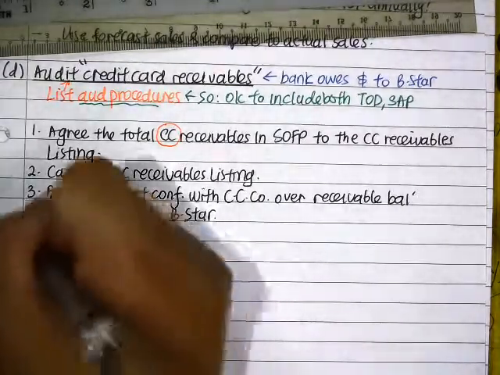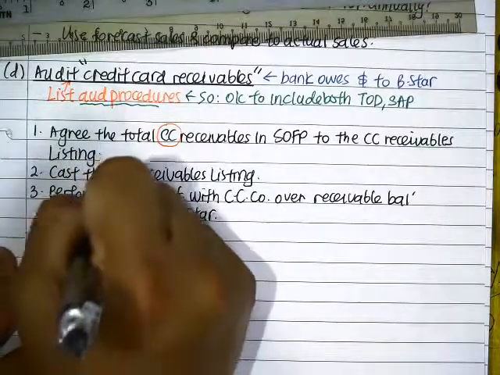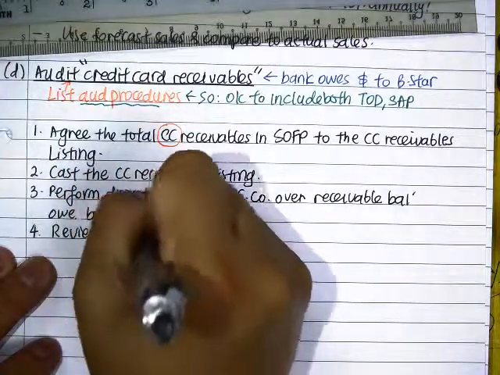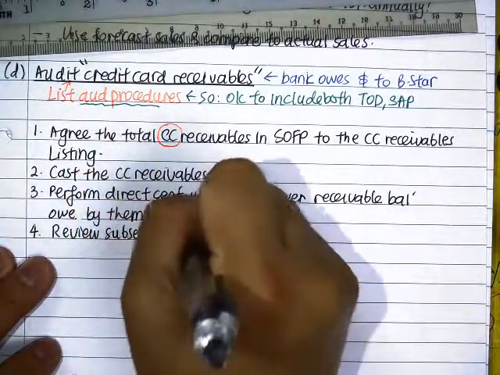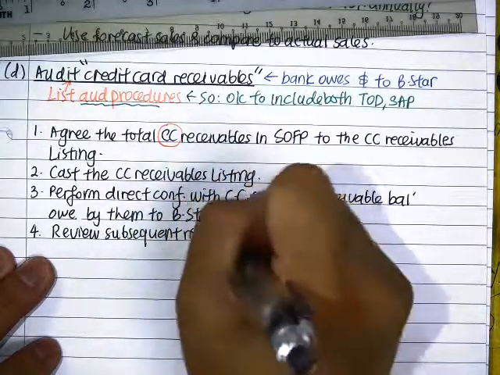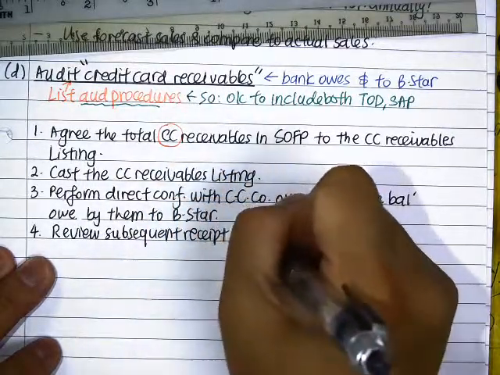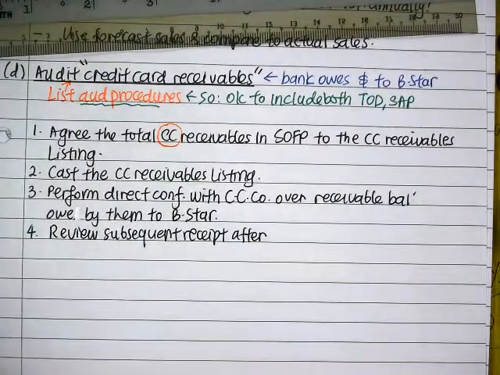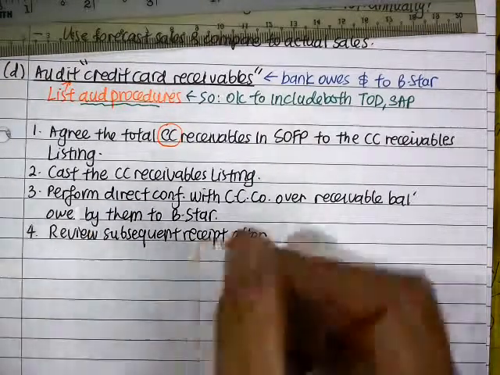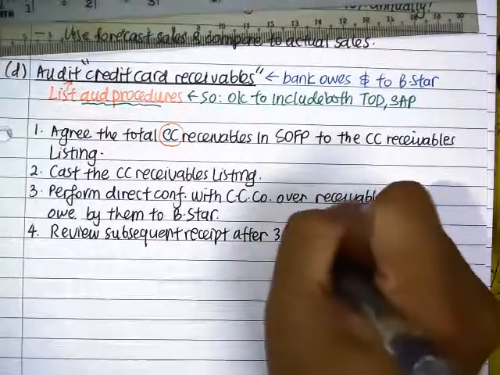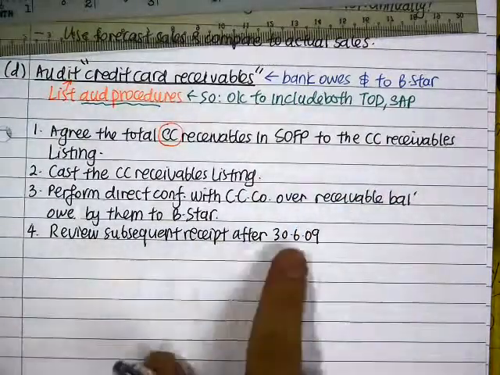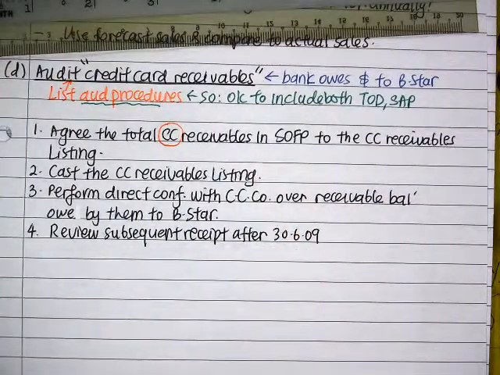Okay, now review subsequent receipt after. Notice the question mentioned the year end, right? June 09. So I apply it back to the case study.